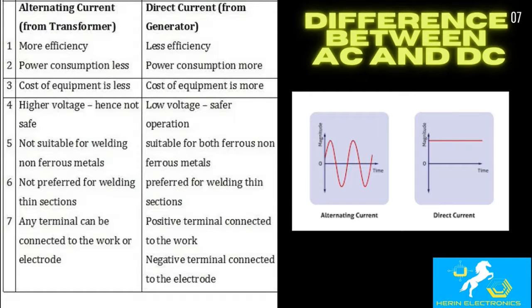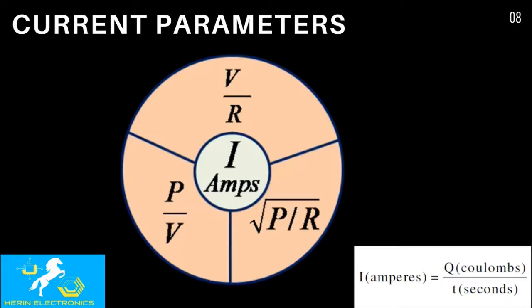AC current is not suitable for welding non-ferrous materials, whereas DC current is suitable for both ferrous and non-ferrous materials. AC current is not preferred for welding thin sections, whereas DC current is preferred for welding thin sections. In AC, any terminal can be connected to the work, whereas in DC, the positive terminal is connected to the work, whereas the negative terminal is connected to the electrode.